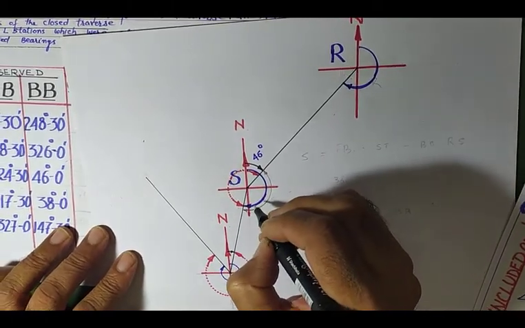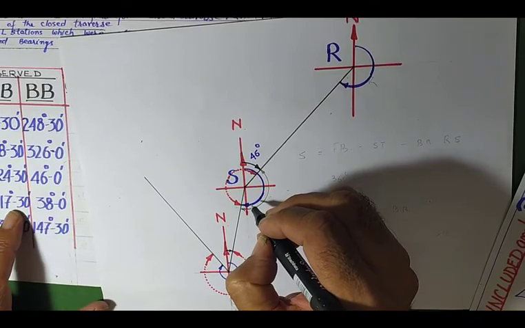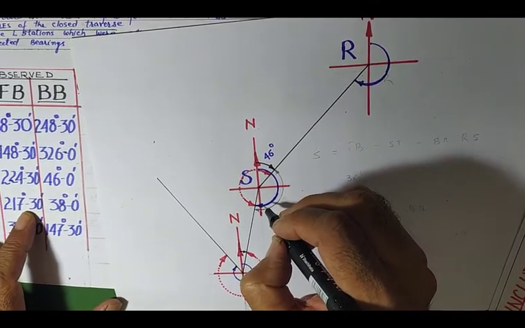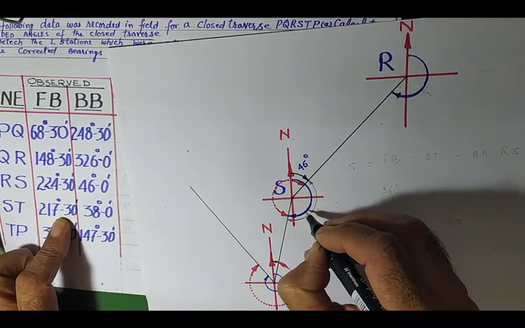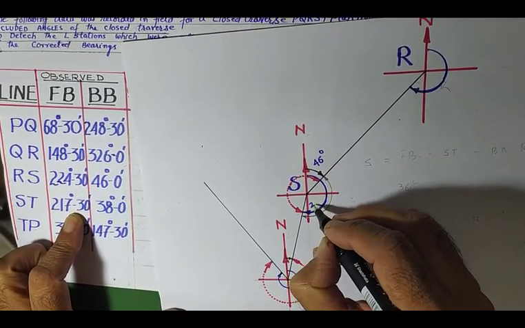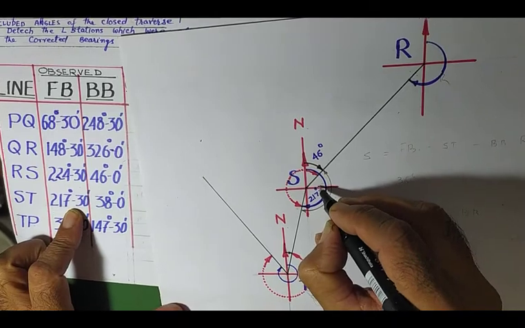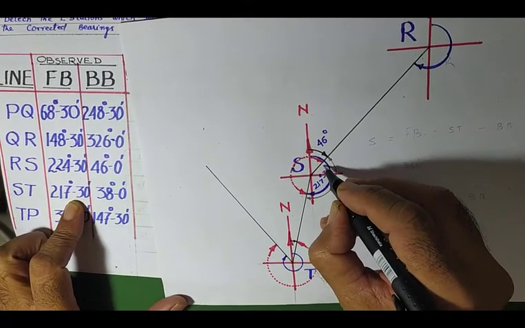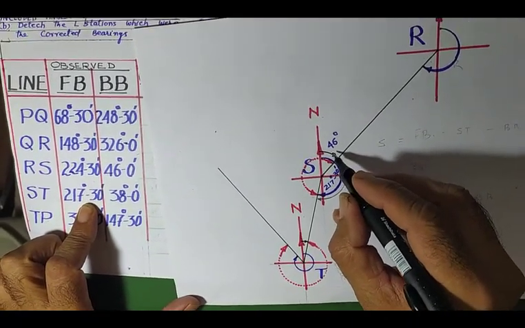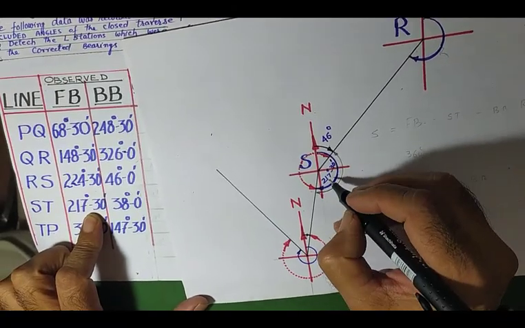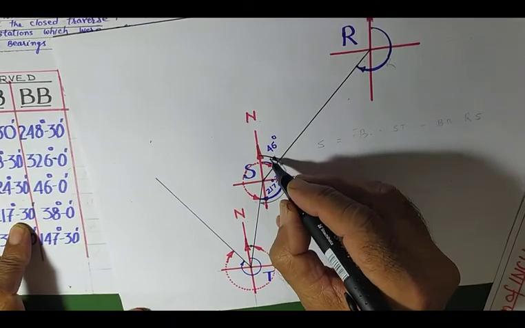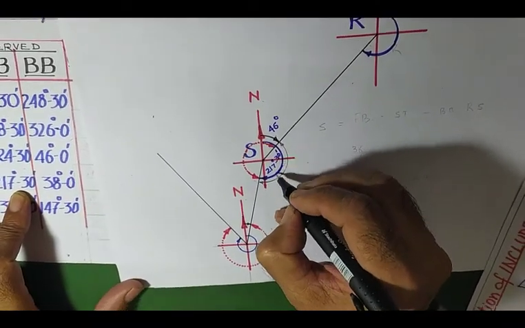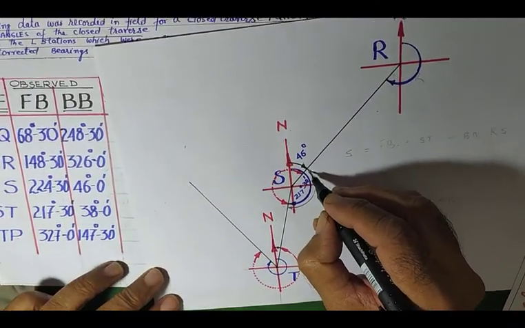Then the forebearing of the next line is 217 degrees 30 minutes. Here you can see the back bearing is less and the forebearing is the larger numerical value. So after deducting, this total angle will give you this angle.